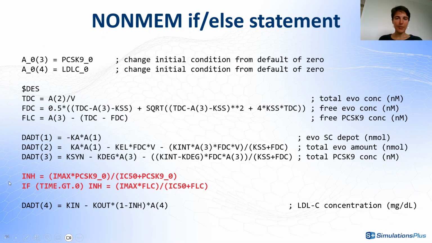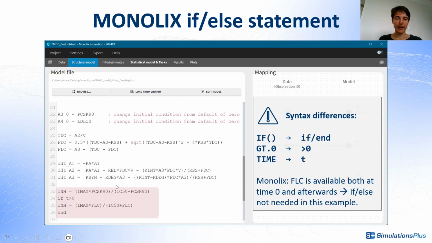Then the next topic I would like to discuss is this if statement I have here that allows me to define the inhibition term. And actually this is again similar in Monolix but with slight differences. So my IF statement in Nonmem actually will be converted to an if in Monolix with small letters.